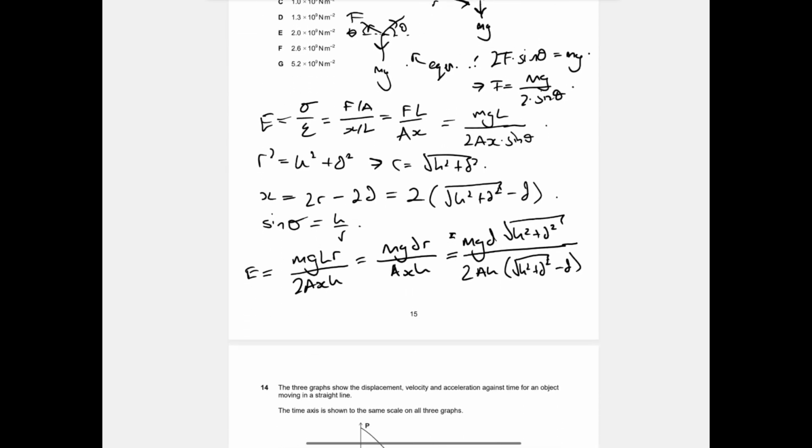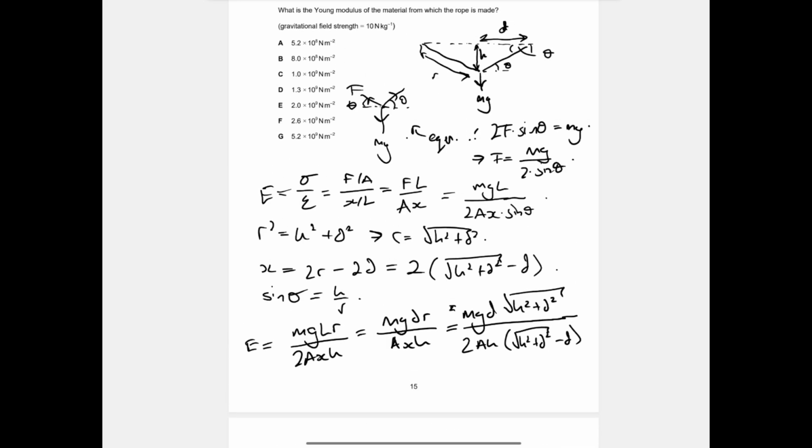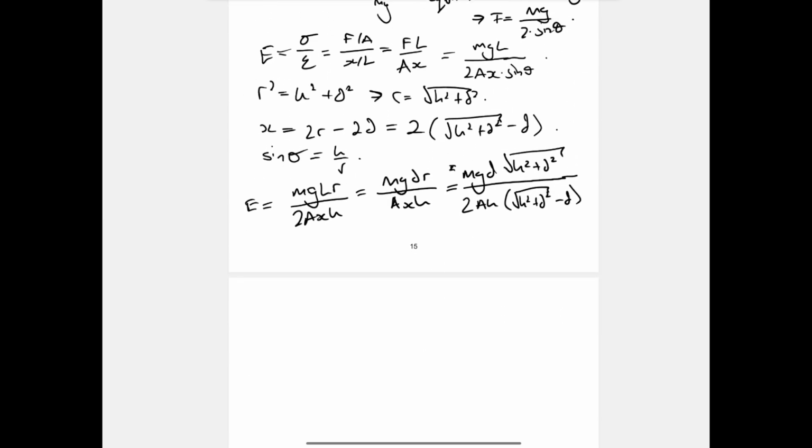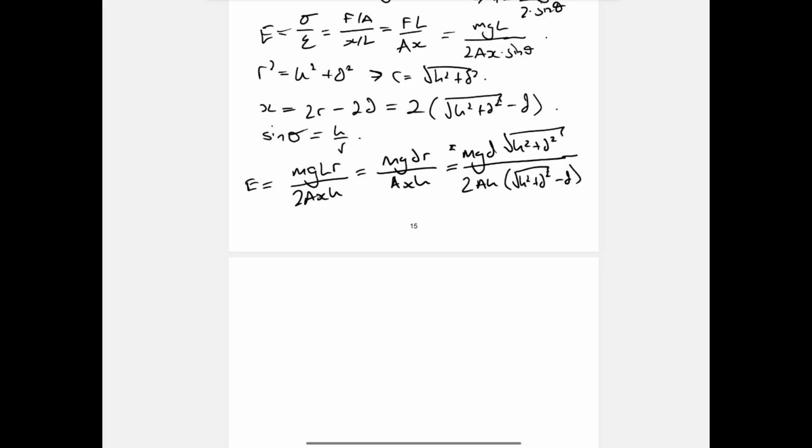Actually, okay. Anyways, this is quite good. So if I add a page, R equals root H squared plus D squared.